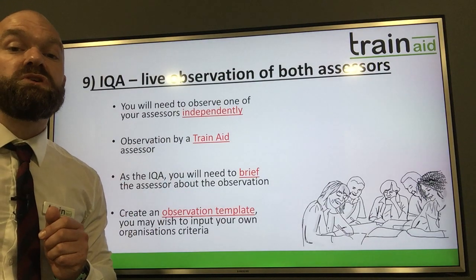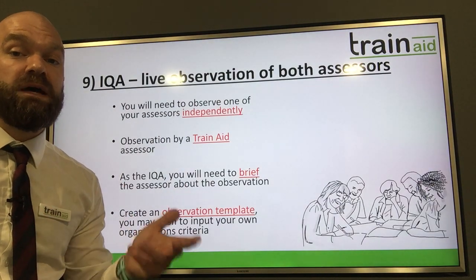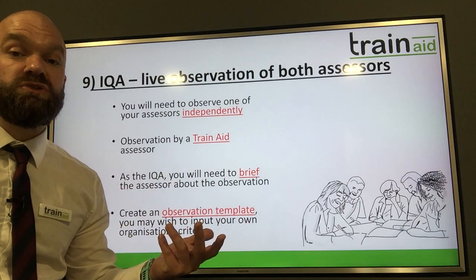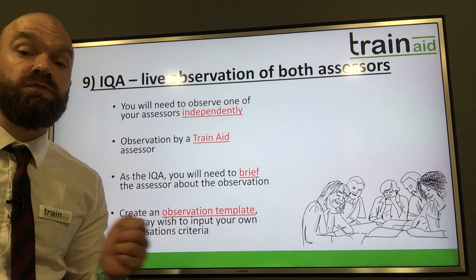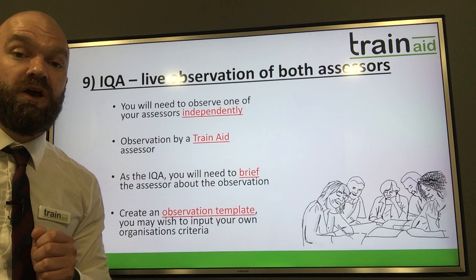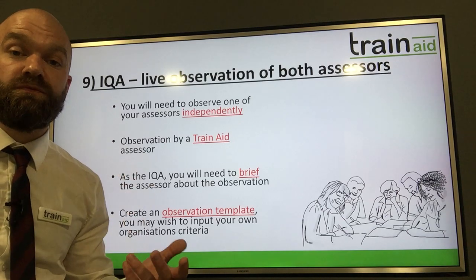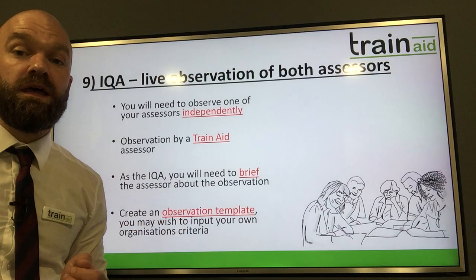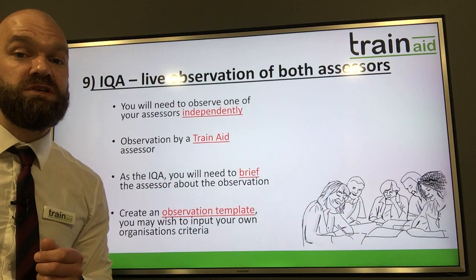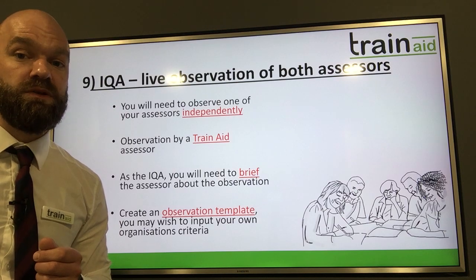You need to observe your first assessor independently, okay? So you need to complete an observation form, and you need to provide your first assessor with feedback, okay? So you need to complete a form, you need to provide them with feedback, and you also need to get your assessor to sign the initial document.